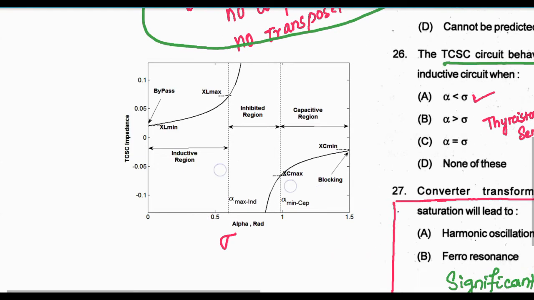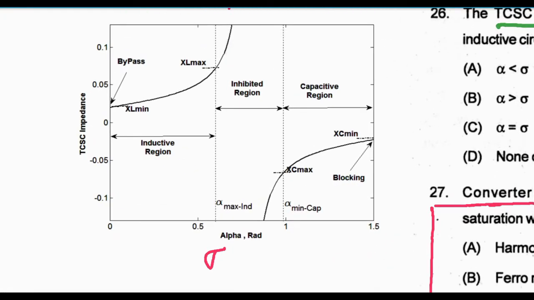So look at this figure. So in this figure, this angle is called sigma, and below this sigma alpha value, this one is the alpha in radian given in the x axis. So for this sigma value, when this region, it behaves as inductive region.